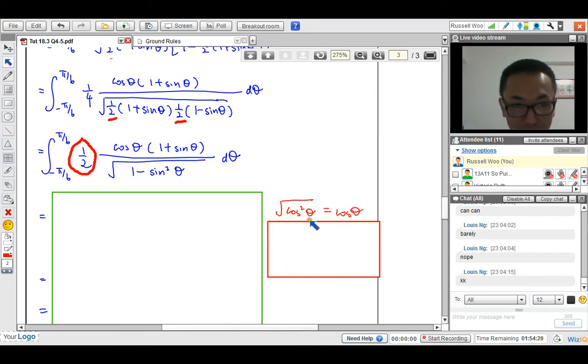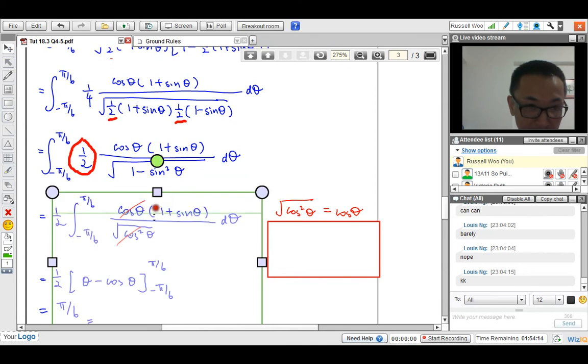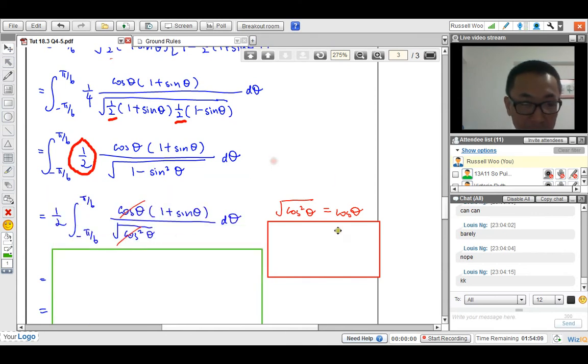Square root of cosine square theta, is it cosine theta? Before that, I better write this line first. Wait, I can only cancel this one and this only if the right hand column is true.